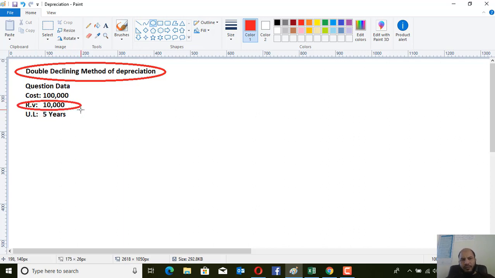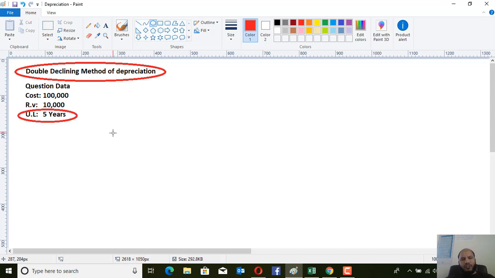It's also called salvage value. It's also called the book value at the end of the last year, when we expect to sell this asset with this amount. And this is the useful life. The useful life of this asset is 5 years.